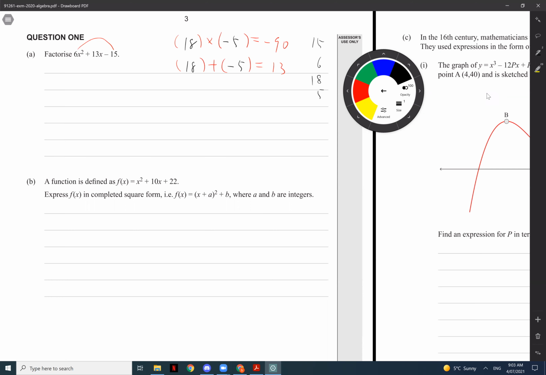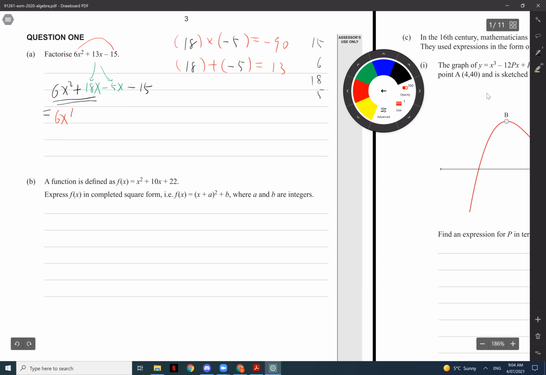That's why the middle part is split: 18x minus 5x, and the first and last terms have no change. Therefore, we can take out something common. Now, the method is called factorize by grouping.